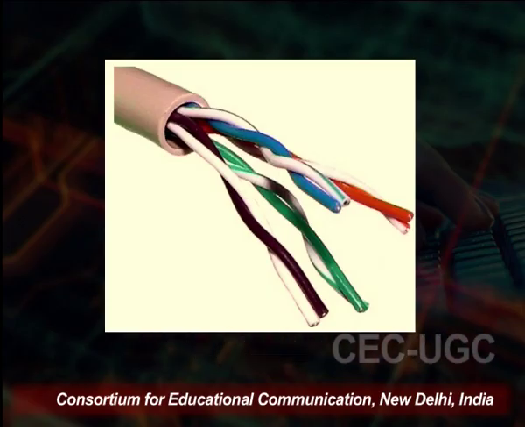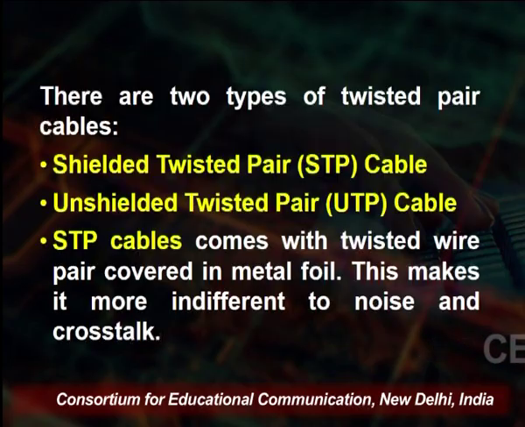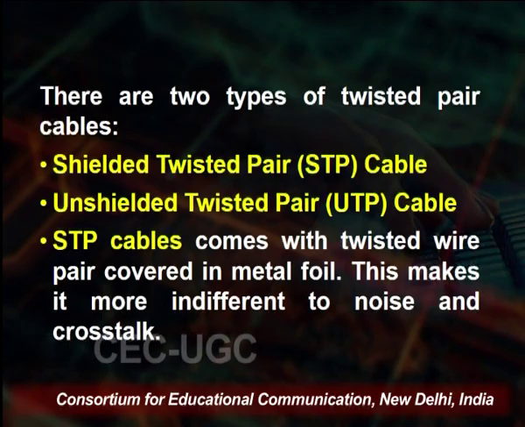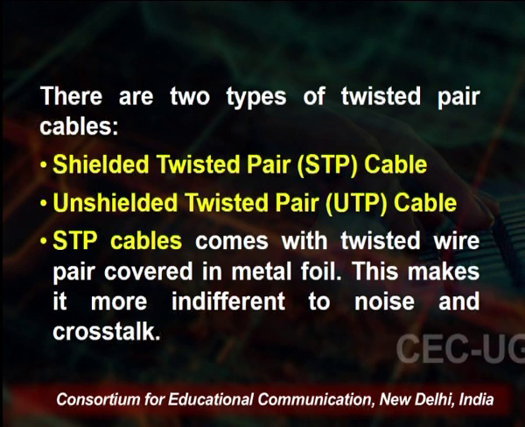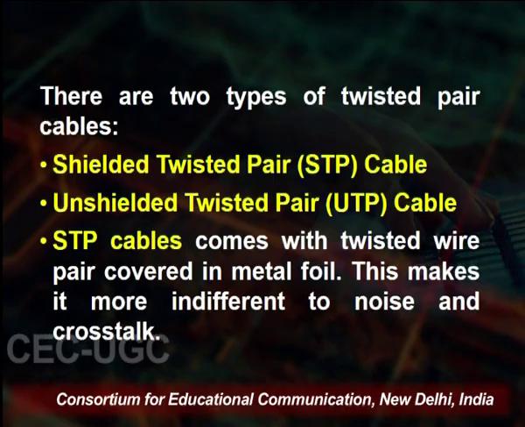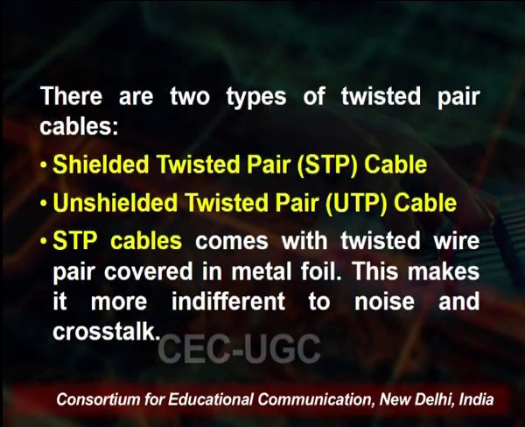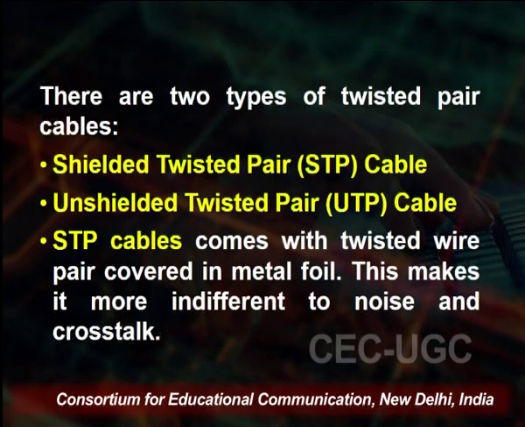As I was telling you, we will be looking into the types of twisted pair cables. There are two types. One is shielded twisted pair, commonly known as STP cable. The other is unshielded twisted pair, known as UTP cable. So the short forms are STP and UTP.